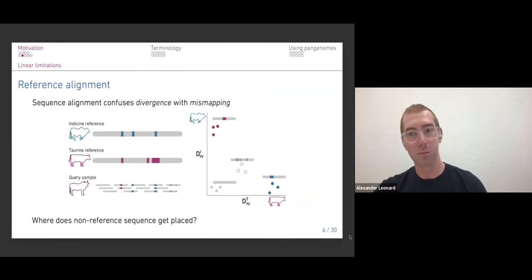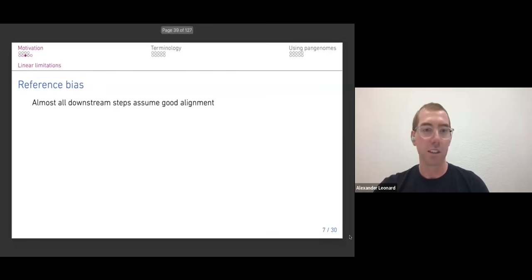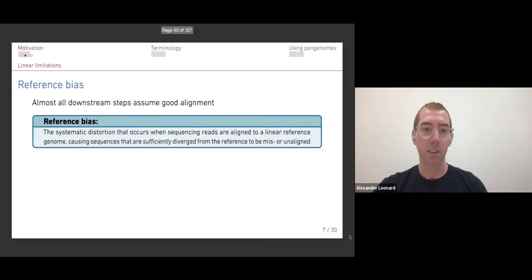Again, this is really one of the big problems that we have with linear reference genomes, because almost every downstream genomics analysis that we do implicitly assumes that we have a good alignment. You might do some filtering on the genomic alignments you have, but generally you just plug the BAM file straight into any downstream tool, get a VCF, do any popgen, whatever.